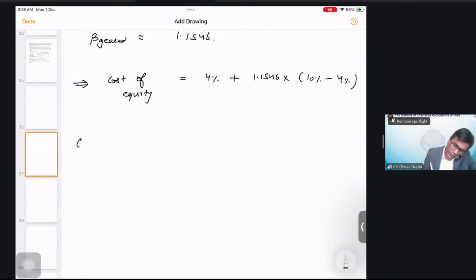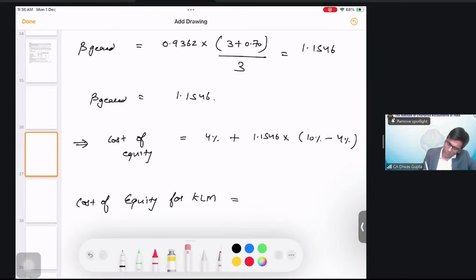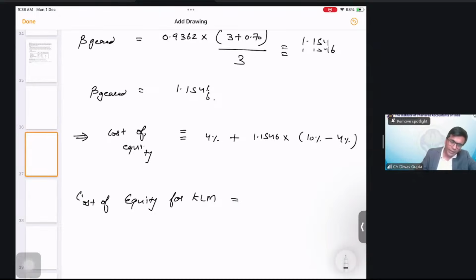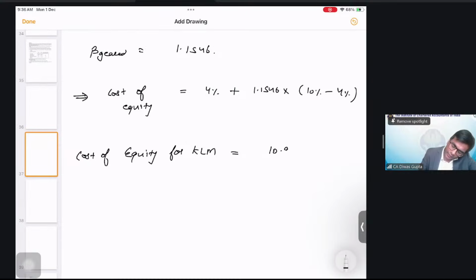So the cost of equity for KLM, if we solve for this, will be 10.93%.